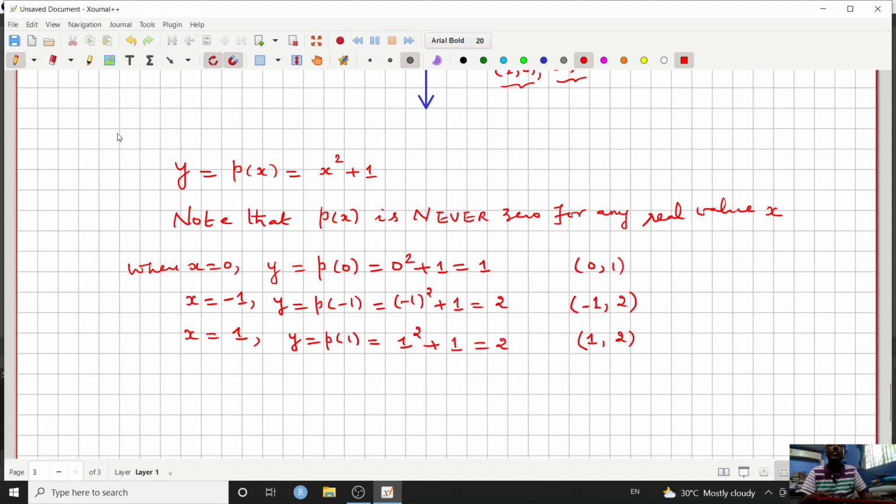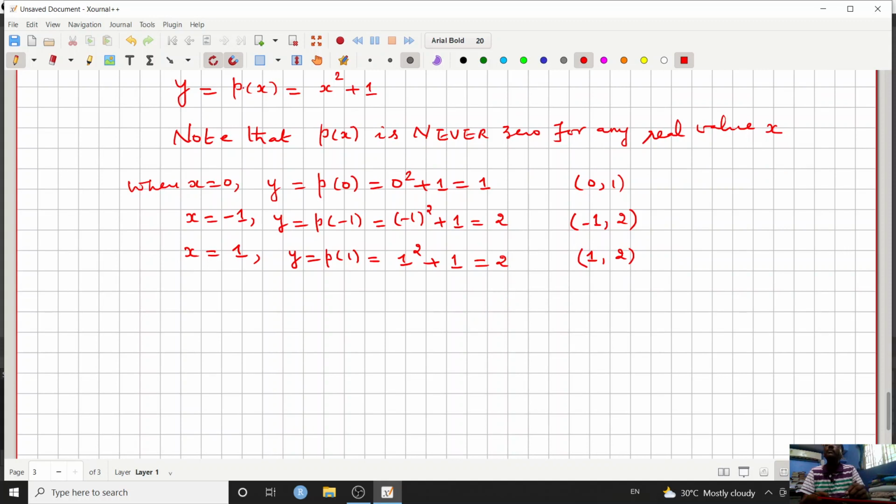So when you try to draw the graph for these points, with x and y, keeping this as the x-axis and this as the y-axis, you will have a parabola, where the least value is at the vertex.